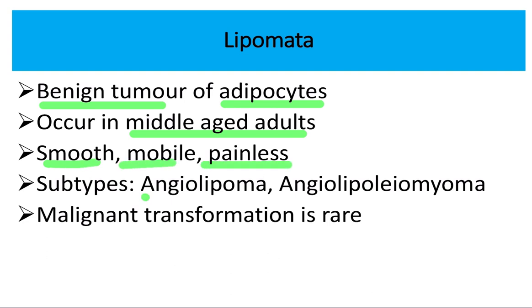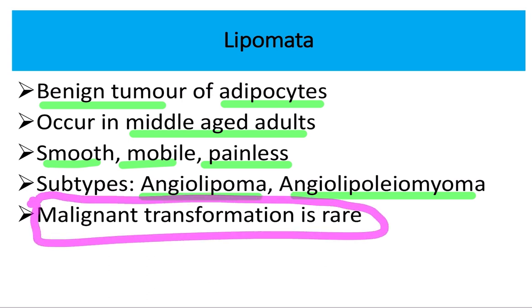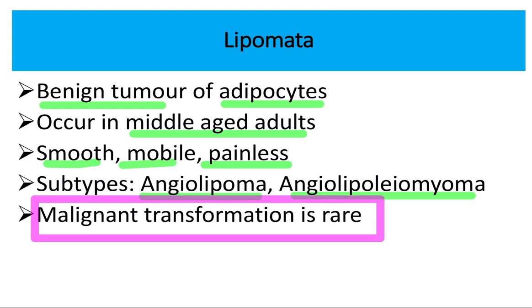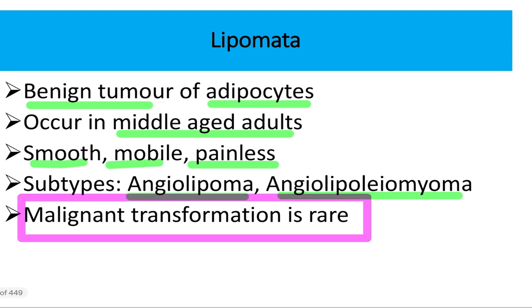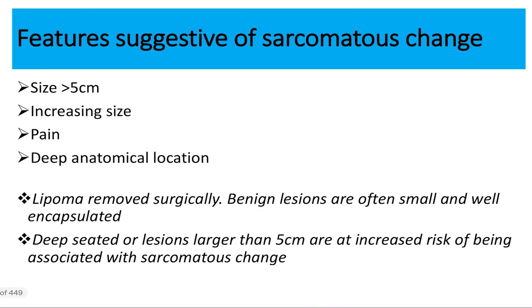The subtypes are angiolipoma and lipomyoma, and malignant transformation is rare, but there is suspicion of malignancy if there are certain clinical features.